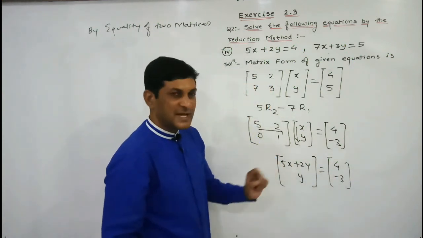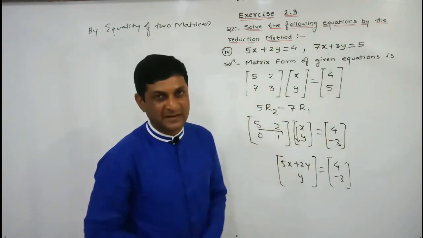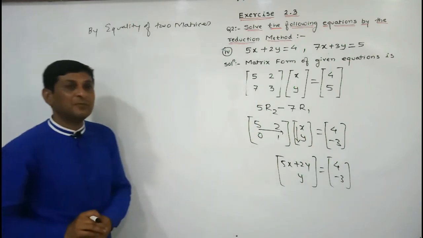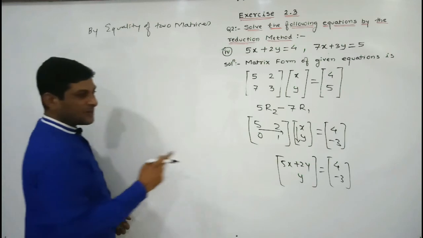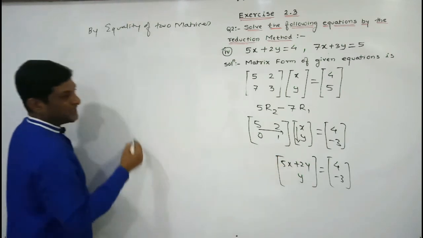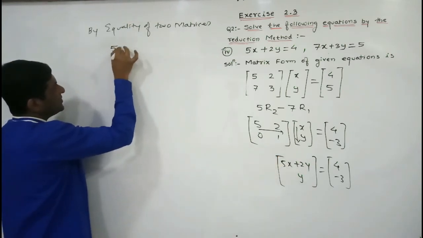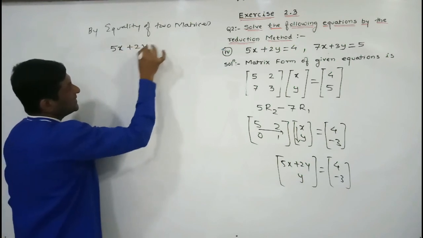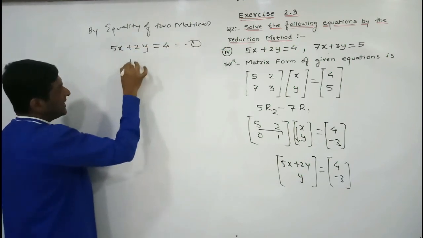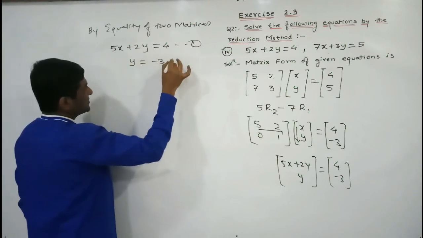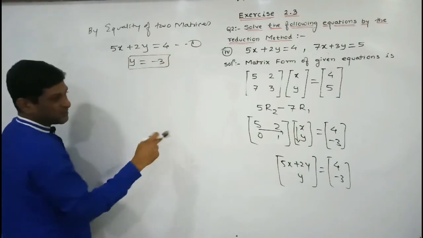Here we can observe that these two matrices are equal matrices. Since the matrices are equal, we apply the definition of equality of two matrices, and according to this definition corresponding elements are equal, which means 5x plus 2y will be equal to 4. Let us denote it by equation number first, and y is equal to what? Minus 3. So the value of y is known to us.